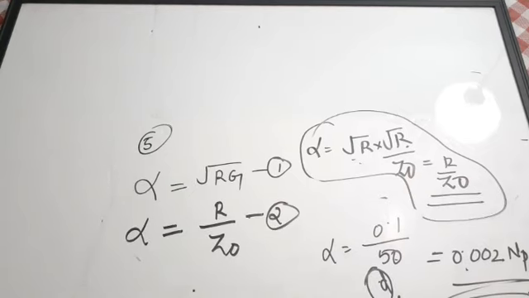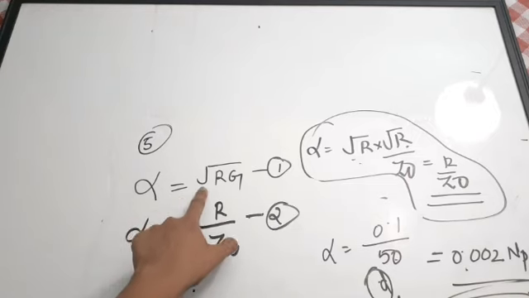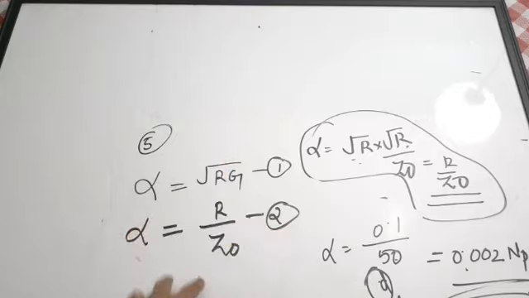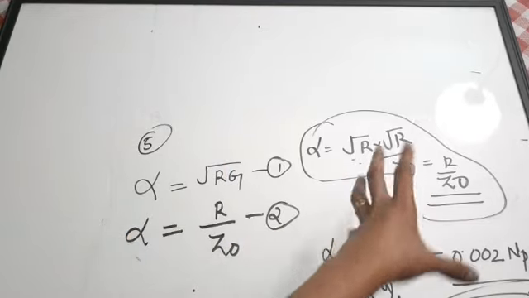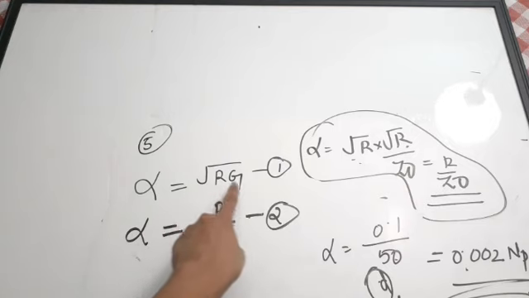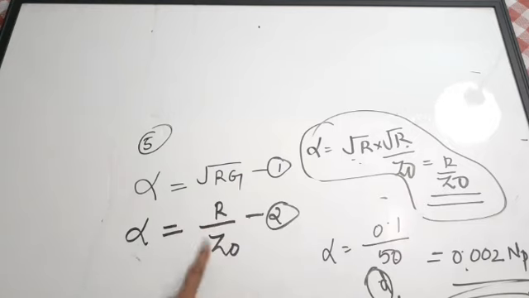Clearly remember that this is for a distortionless transmission line. So if the line is distortionless and you want to find attenuation constant, you can use either this relation or this relation. Just note it down somewhere so that you don't have to derive it again. Anyway, the correct answer for this fifth question is option D.